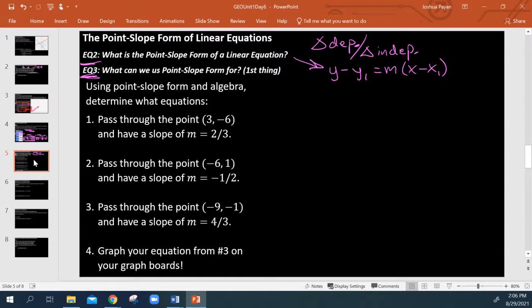What we can use it for is to find equations passing through points when we're only given a little bit of information. So for example, an equation that passes through the point 3 by negative 6 and has a slope of 2 over 3, right?